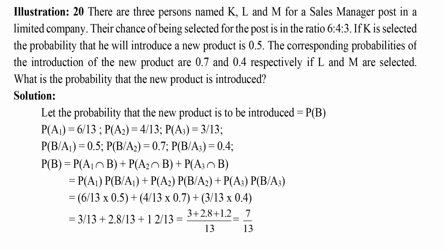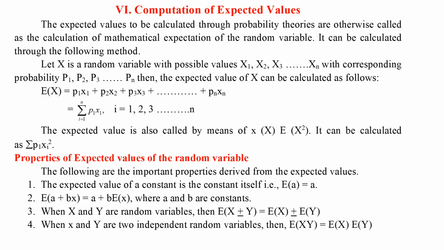P(B) equals P(A1)P(B|A1) plus P(A2)P(B|A2) plus P(A3)P(B|A3) equals 6/13 by 0.5 plus 4/13 by 0.7 plus 3/13 by 0.4 equals 3/13 plus 2.8/13 plus 1.2/13.